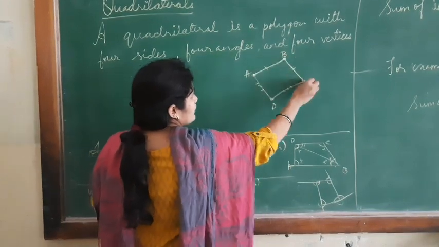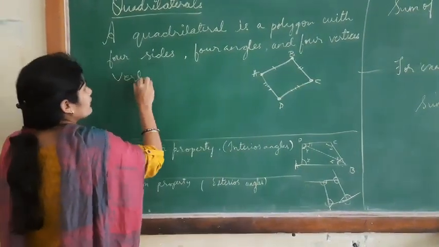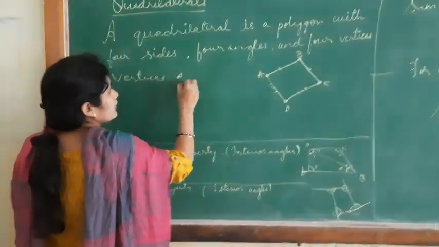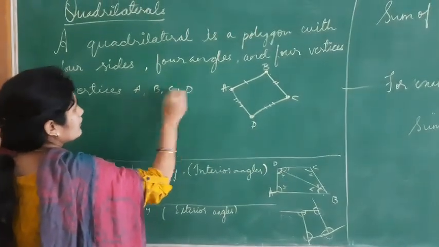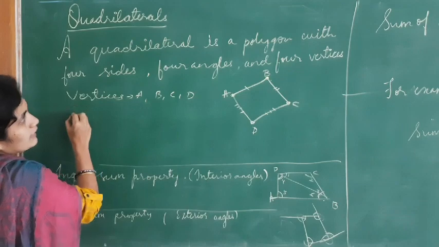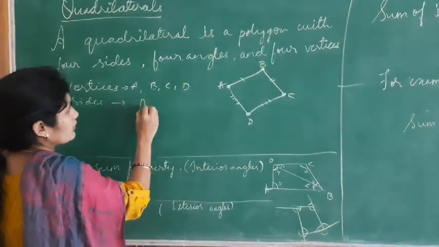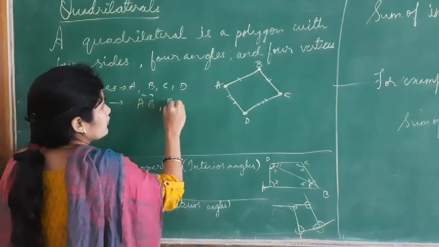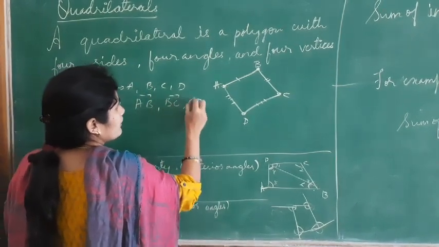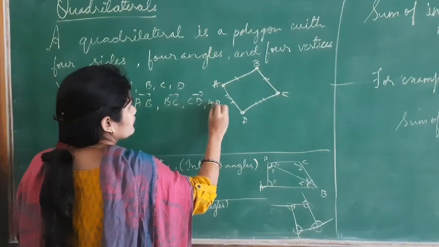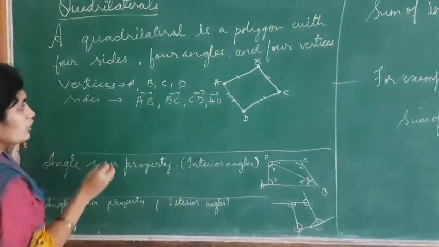Vertices are A, B, C, D. Sides, you can call those edges also: line segments AB, BC, CD and AD. And 4 angles.